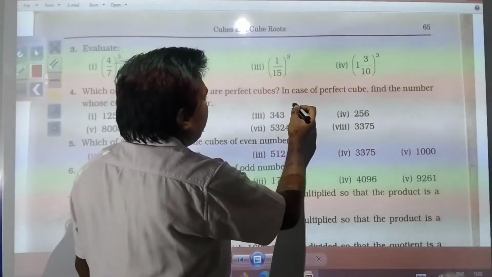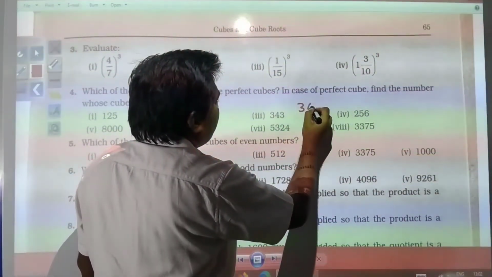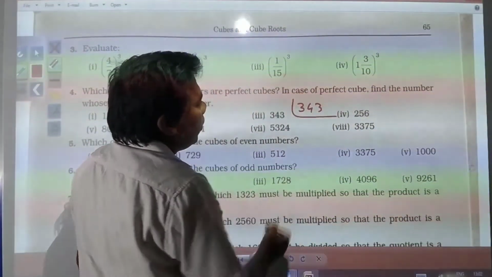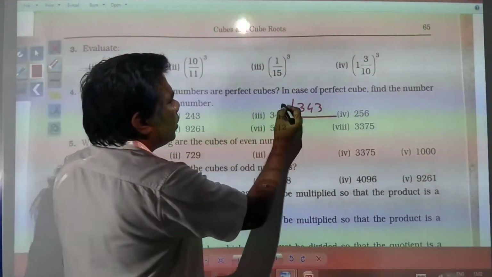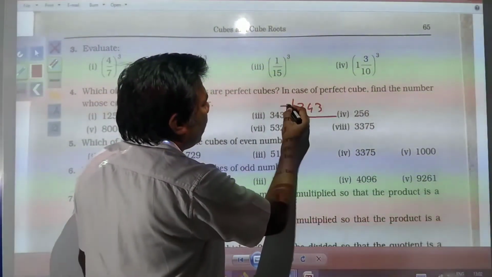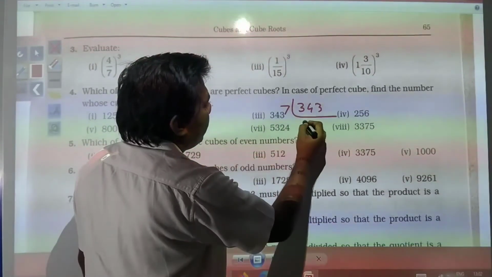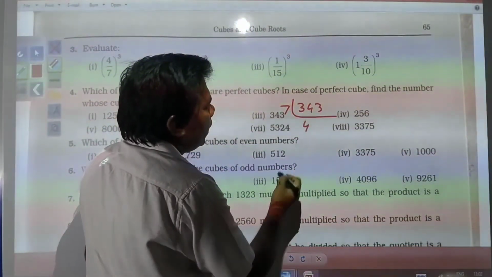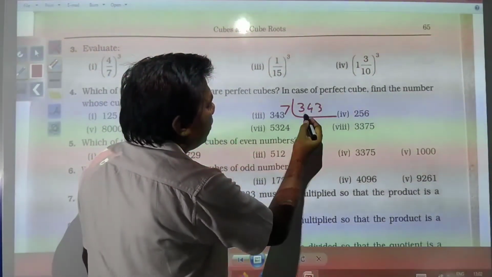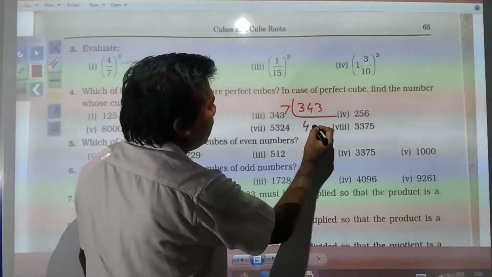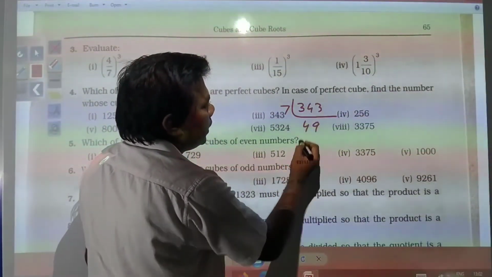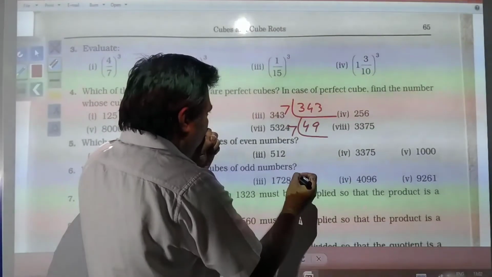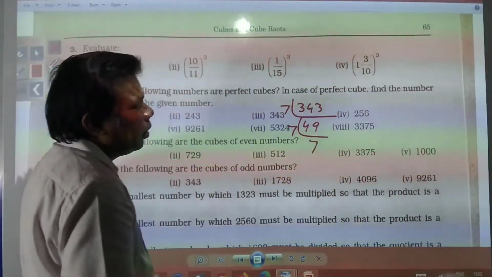343 you see. If you have 343, just find out the prime factors. Prime factorization is required to be done. 7 fours are 28, 7 fours are 28, 7 nines are 63, and 7 sevens are 49.